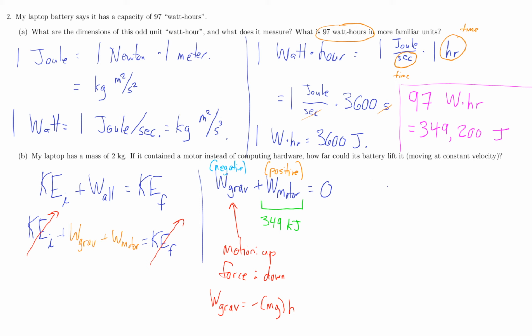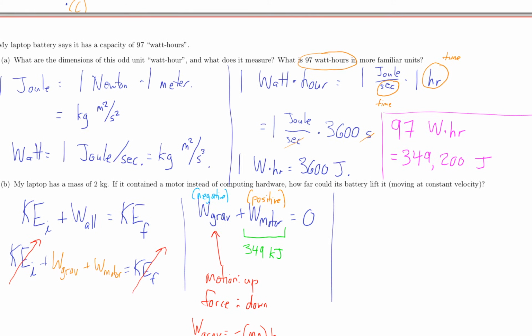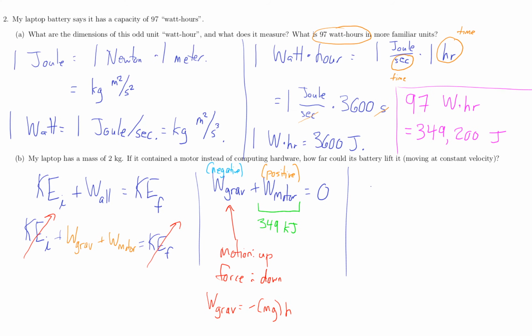So putting those values in now, I have minus mgh plus the work done by the motor is 0. So this tells me that the height is going to be the work done by the motor divided by mg, and I know that the mass is 2 kilograms.